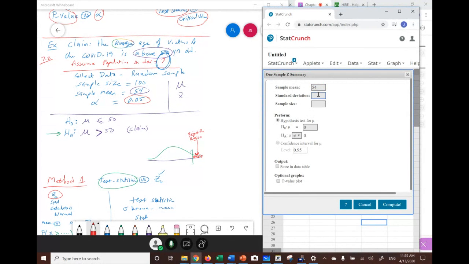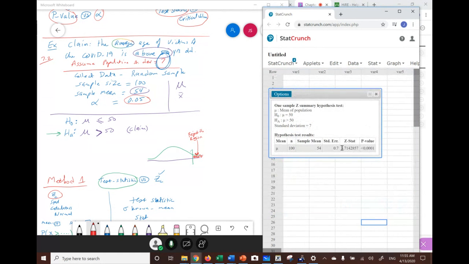And the sample standard deviation is 7. We put 7. The sample size is 100. We put 100. And the test says 50. And it says greater than 50 in the bottom. So when you do all of that, when you hit compute, notice two things will appear: the Z statistic and the p-value. Okay, so both of them will appear together.